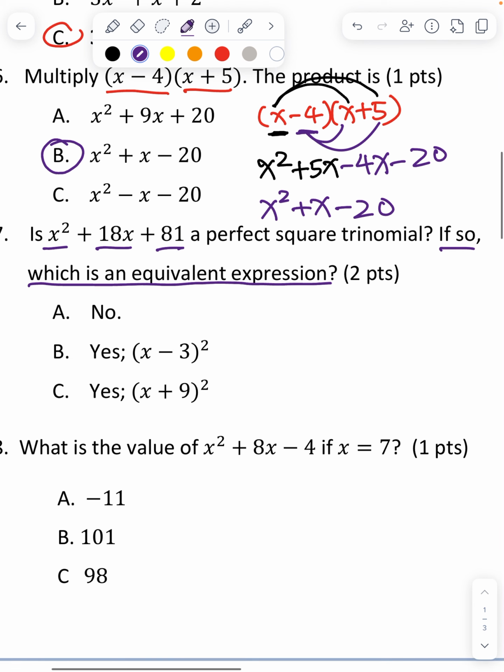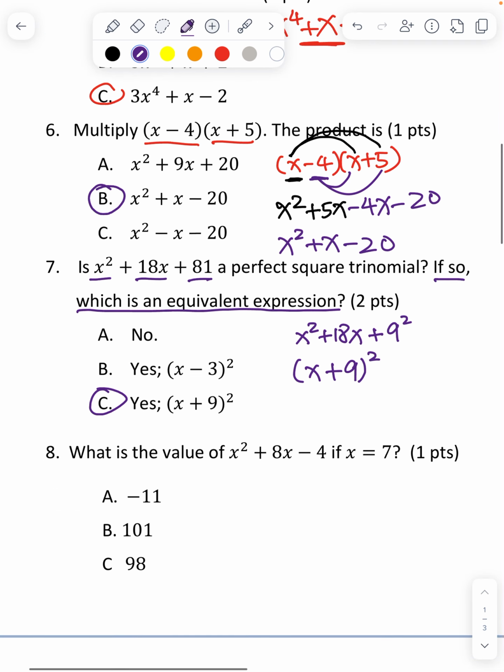Because we can change 81 to 9 raised to the second power, which is 9 squared. And we check the middle. The middle number is 18. 18 is twice 9. So this is a perfect square trinomial. We can rewrite it as x plus 9 in parentheses squared. So yes, it is C.